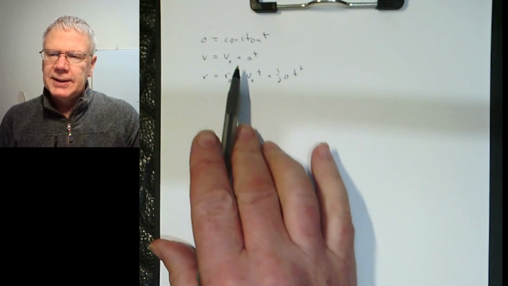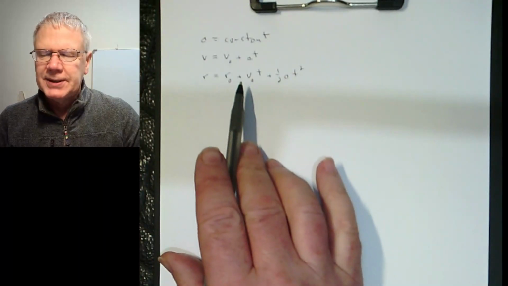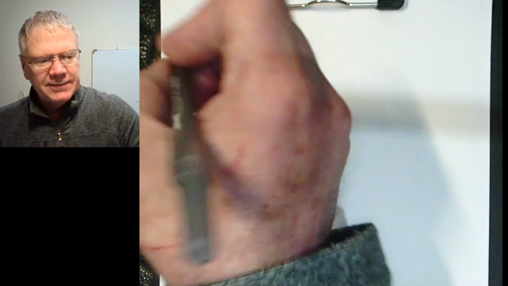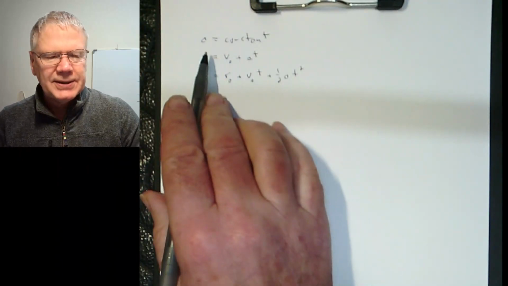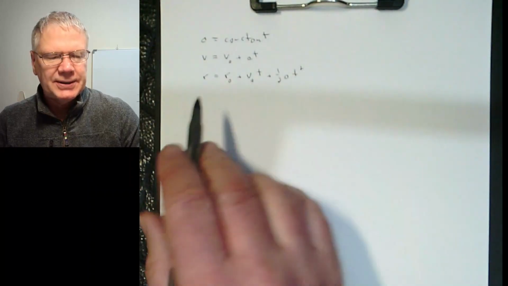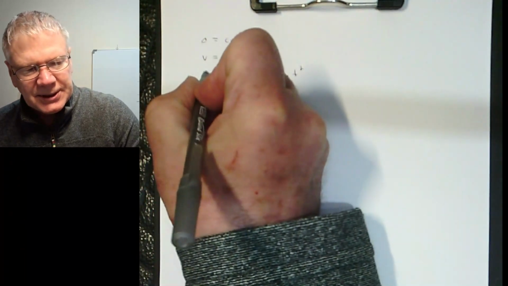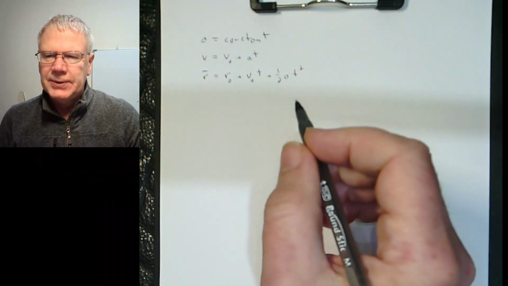The other thing I want to mention, you're going to need to know a couple of things here. I'm assuming a very basic level of knowledge of vectors. These are vector quantities. You have an acceleration in the x direction, the y direction, and potentially a z direction. Your position R consists of x, y, and z coordinates.